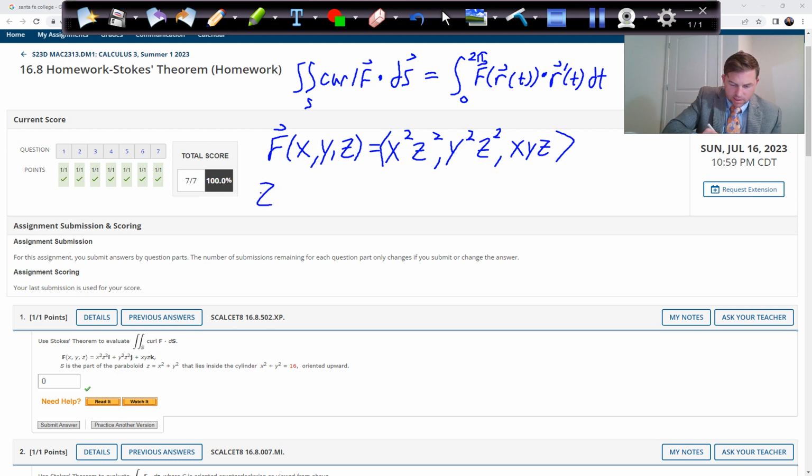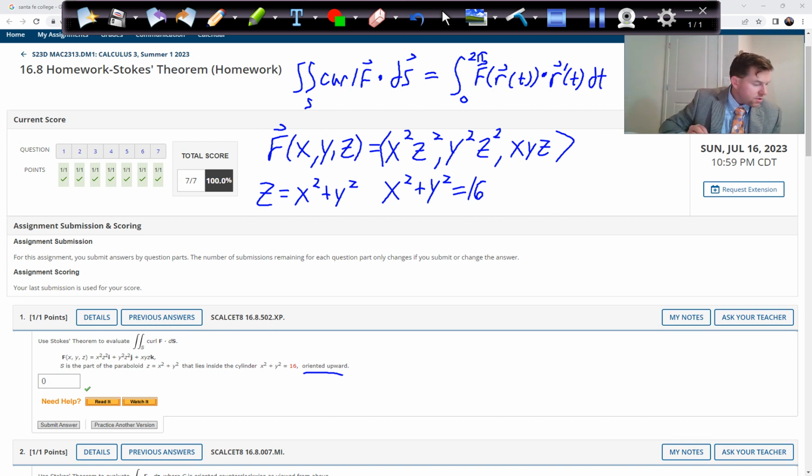Then z is equal to x squared plus y squared, which we've seen plenty of times, inside the cylinder x squared plus y squared equals 16, oriented upward. So again, we have to worry about orientation to make these double integrals positive or negative depending.